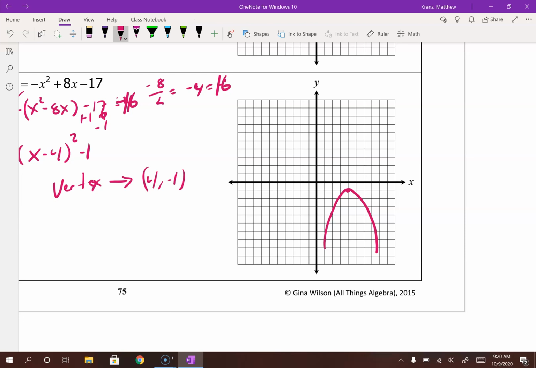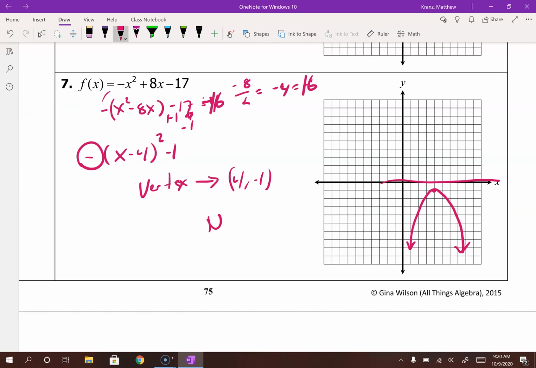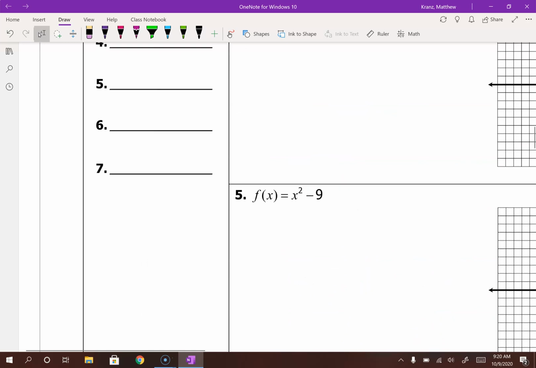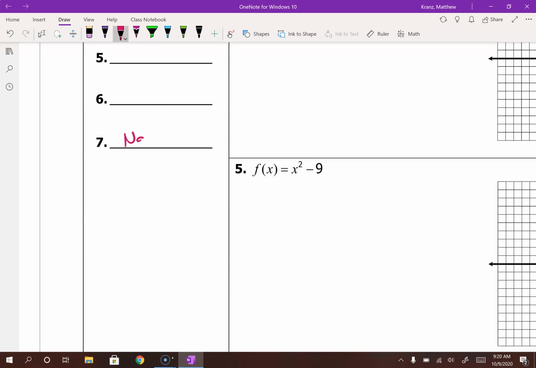When I graph the rest of it, it's going to look like that. But notice it never touches the x. So this one has no real solutions, where it never touches.